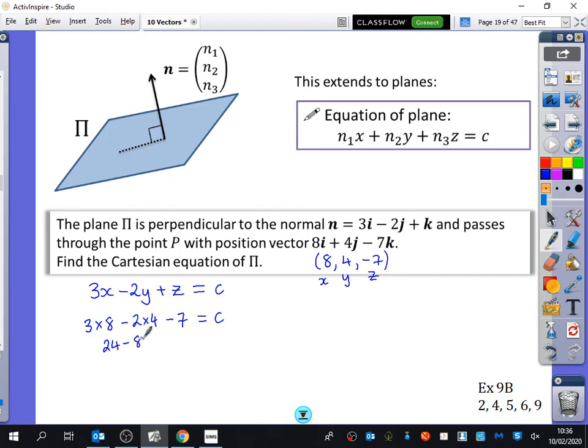So it's 24 minus 8 minus 7, which is 9. So the equation of the plane pi is 3x minus 2y plus z equals 9.